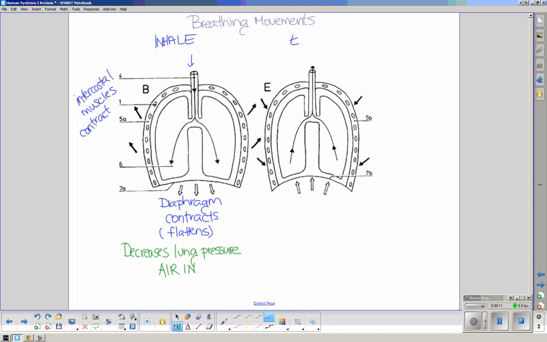To exhale is the other diagram, and the opposite occurs as air comes out. The intercostal muscles relax. And the diaphragm does the same.